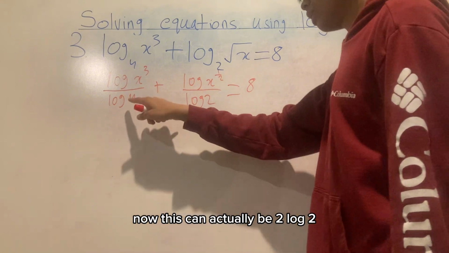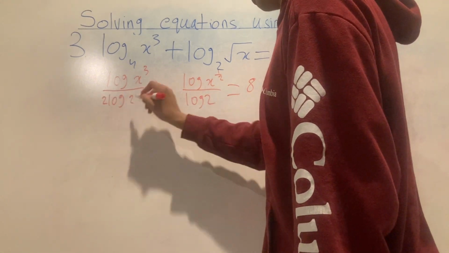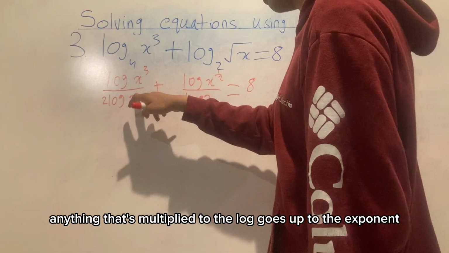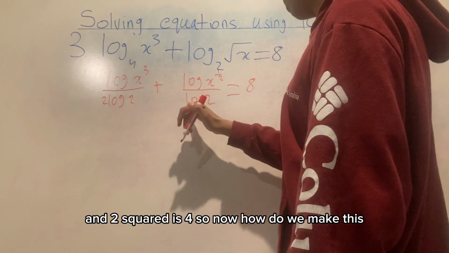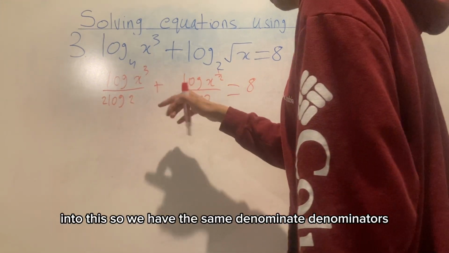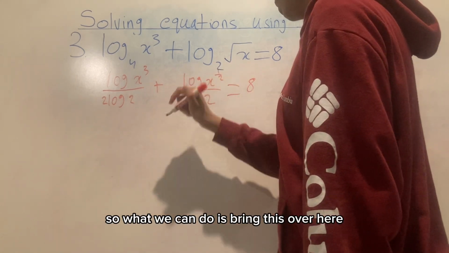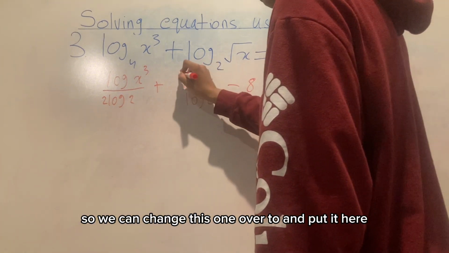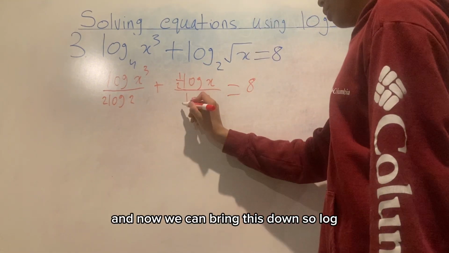Now log 4 can actually be 2 log 2, because if you remember, anything that's multiplied to the log goes up to the exponent, and 2 squared is 4. So now how do we make the denominators the same? What we can do is bring this over here. So we can change this 1 over 2 and put it here, and now we can bring this down.